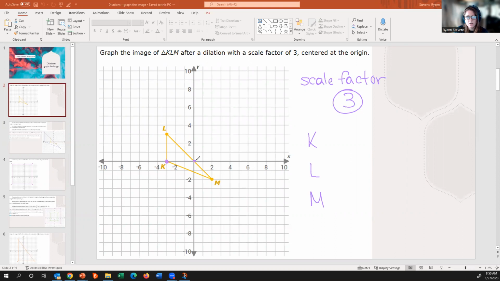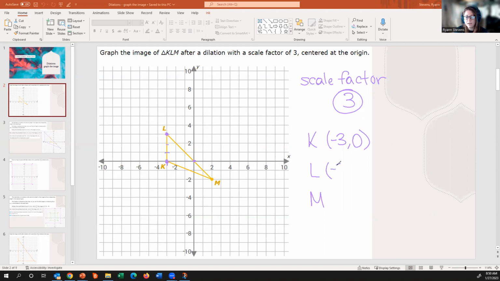For K, if we start at the origin at 0, we go -3 places on the x-axis, but we're not going up or down; there are no movements on the y-axis. Then for L, we go -3 places on the x-axis, and then up 3 places on the y.